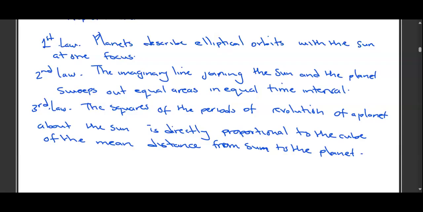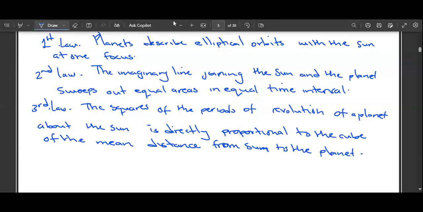The third one, and the common one: the square of the period of revolution of a planet about the sun is proportional to the cube of the mean distance from the sun to the planet.